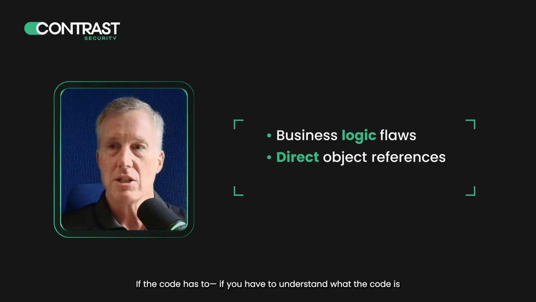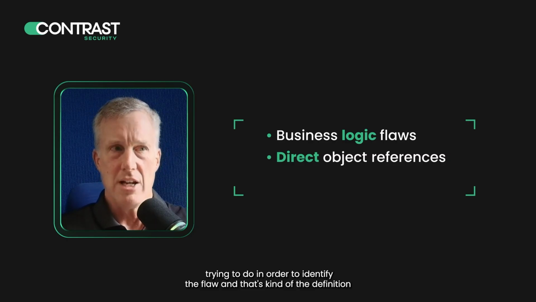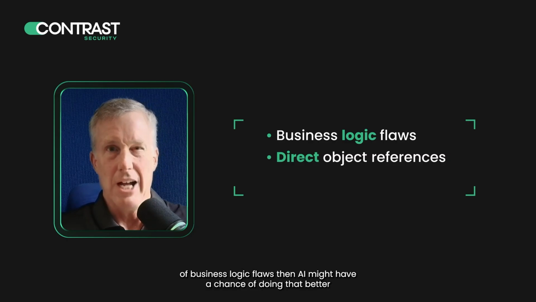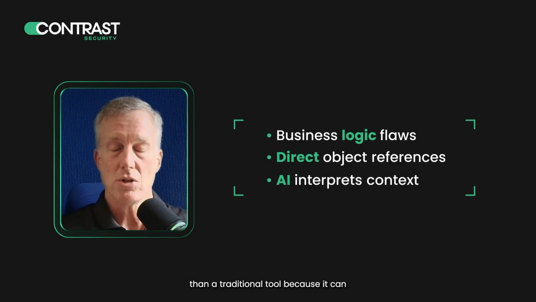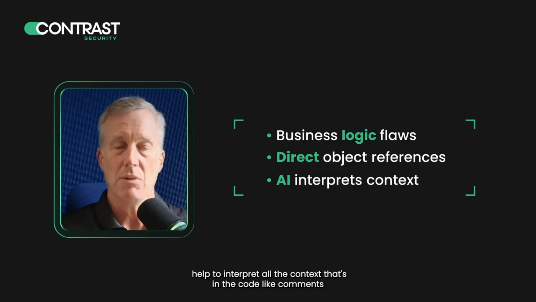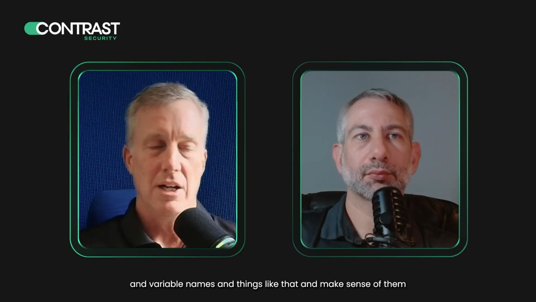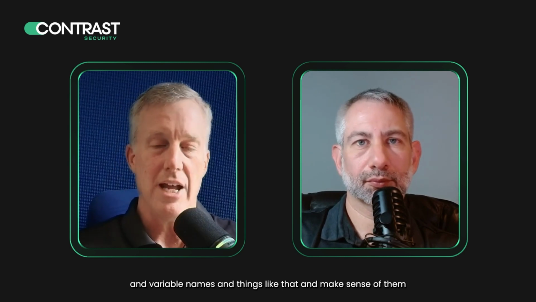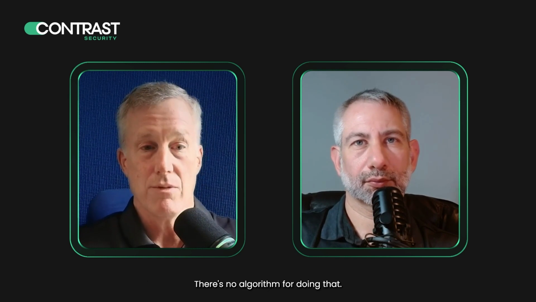If you have to understand what the code is trying to do in order to identify the flaw, and that's kind of the definition of business logic flaws, then AI might have a chance of doing that better than a traditional tool because it can help interpret all the context that's in the code, like comments and variable names, and make sense of them, where static really couldn't do that. There's no algorithm for doing that.